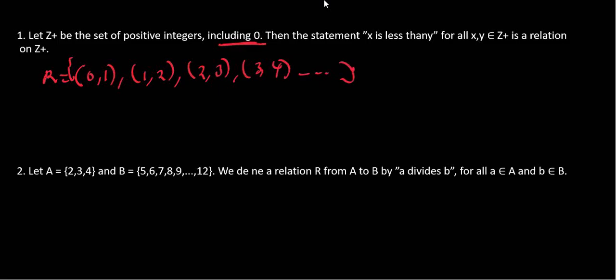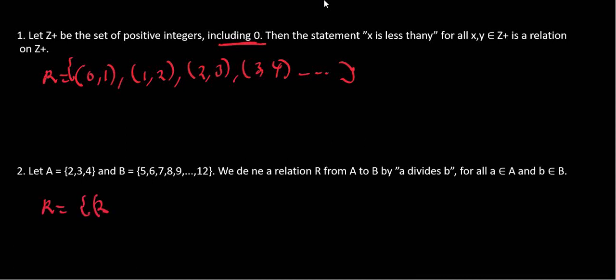That's all. Then this part says let A equal 2, 3, 4 and B equal 5, 6, 7, 8, 9 up to 12 in short. We define a relation R from A to B: A divides B, meaning that A is the one supposed to divide B. So in this situation, our relation starts with 2.